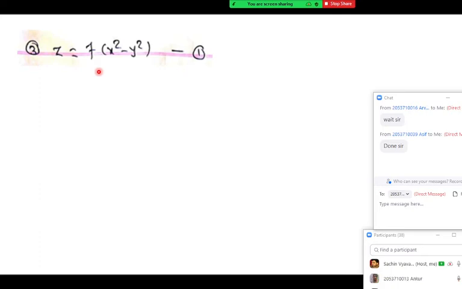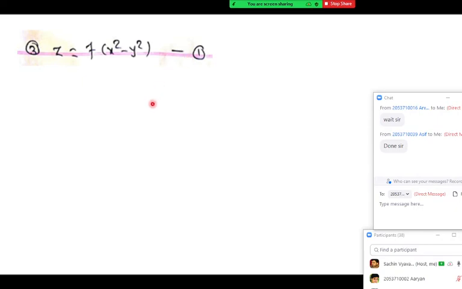Dou z by dou x is equal to f dash of x square minus y square into 2x. Very good, that's correct. The derivative of f with respect to x is f dash, because f depends on x and y. So first it is f dash into the derivative of the bracket, that is the chain rule, so into 2x.